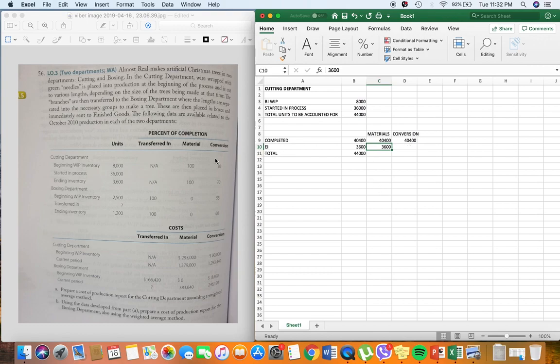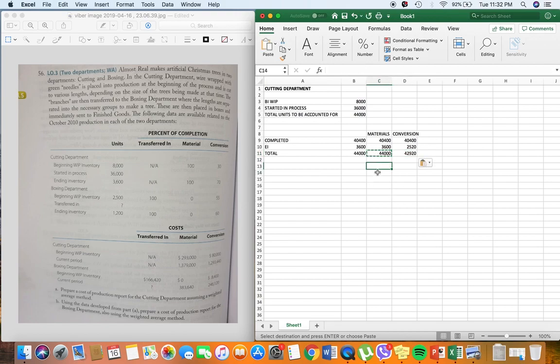For conversion, we look at the problem again. It says the ending inventory is already 70% complete as to conversion cost. And if that is the case, you multiply the actual number of units by 0.7 or 70% and we'll get 2,520. So we compute for the sum of our EUP for materials and conversion.